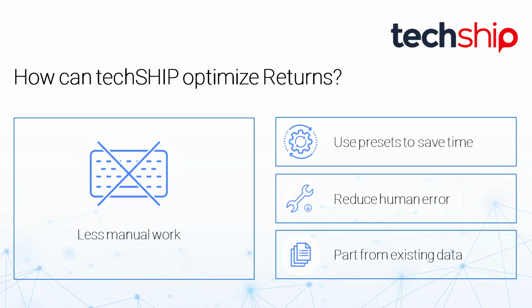Okay. So the core spirit behind optimizing returns in TechShip is having less manual work at the time of doing so. Even though it is valid to manually create an order for a return, and will produce the same result, obviously it takes much more time than to just say, well, I want a return label for this shipment I sent 2 weeks ago, right?